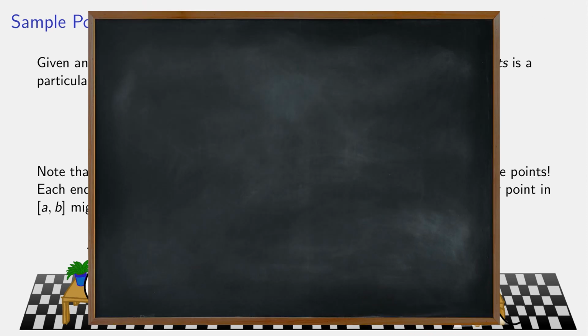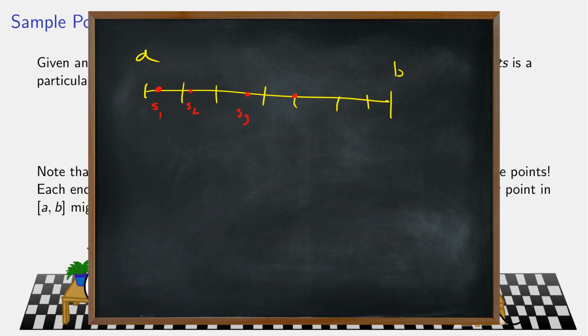And just to back up this picture, here is our interval from a to b. Let's split it up into a partition. There we go. From each interval, I'm going to pick a sample point. Let's suppose I picked this as s_1, then this as s_2, then this as s_3, but now I can pick this exact endpoint as s_4 because it is the right endpoint of this interval, but then I might also pick it as s_5 because it's the left endpoint of this one.